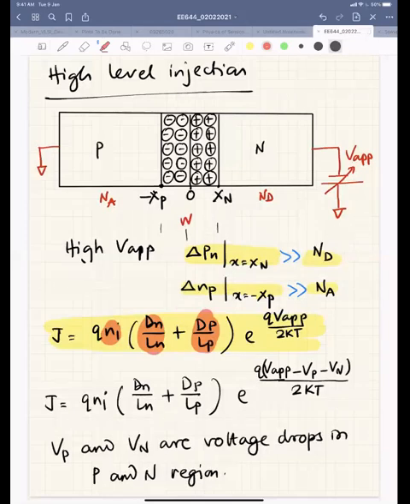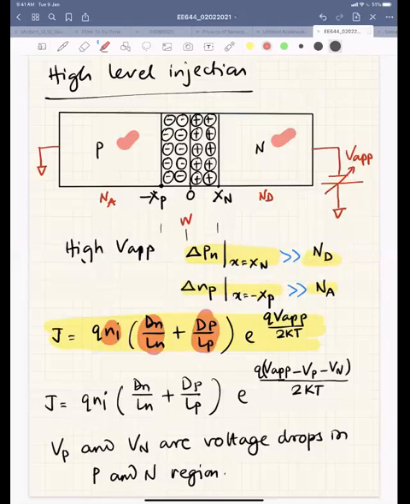And we also discussed this in the last class. Since the current flowing is very high in the high level injection condition, and we were previously neglecting the resistivity of the P and N regions. Those regions had some resistivity, but the current was so low that I was not worried about the voltage drop across the P and N regions.